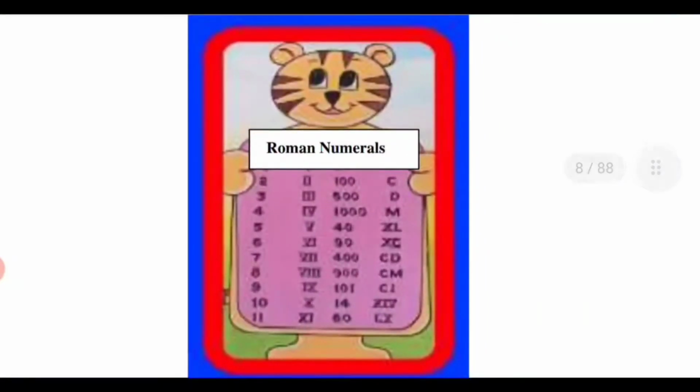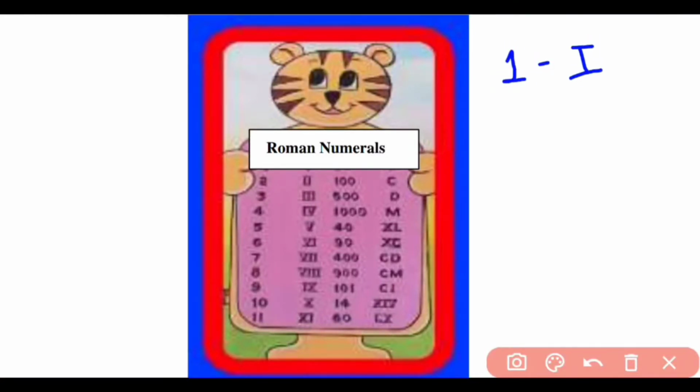We will see this picture once again. For 1, I is used. 1 is not seen clearly in this picture, but for 2 we can see II, that is double I, is used. For 3, three times I. For 4 IV, for 5 V, for 6 VI, for 7 VII, for 8 VIII, that is V then 3 times I, for 9 IX, for 10 it is X, for 11 XI.